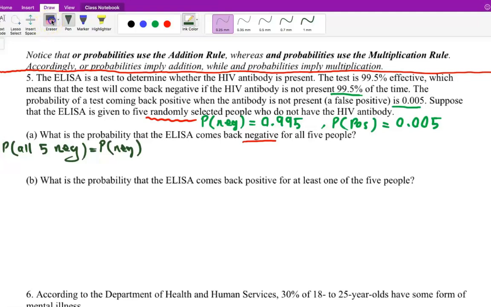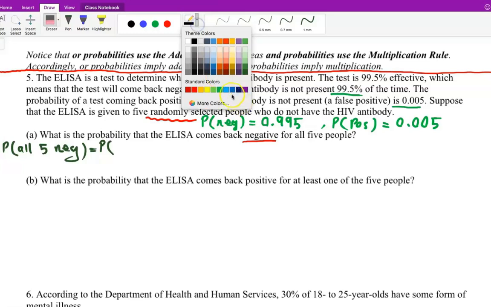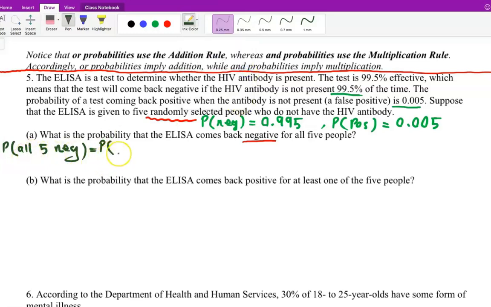Let's write that this way so you can see what I'm doing here. What that means, we have probability of negative and negative. So we have 1, 2, 3, 4, 5. Since we have "and" in between, we should multiply.